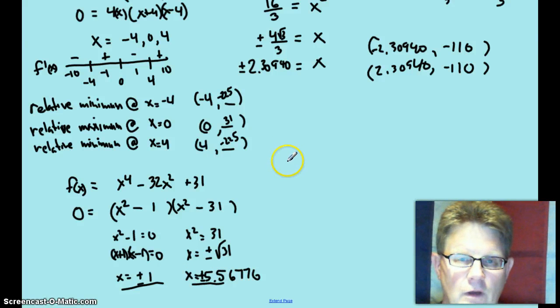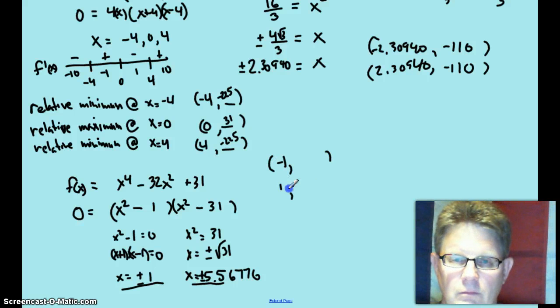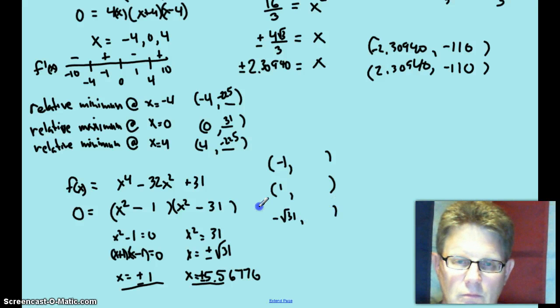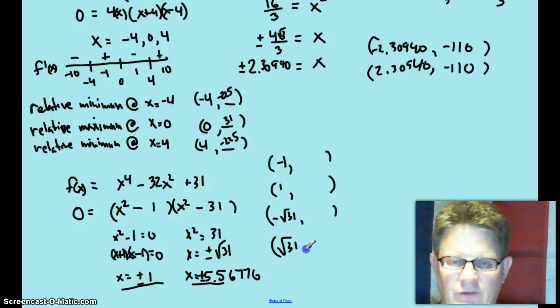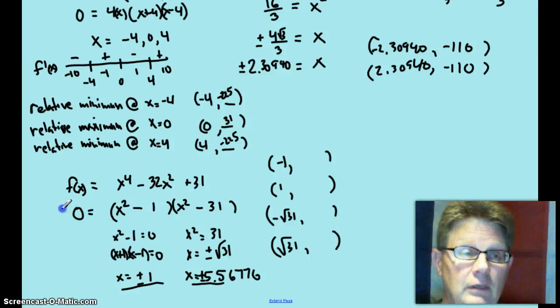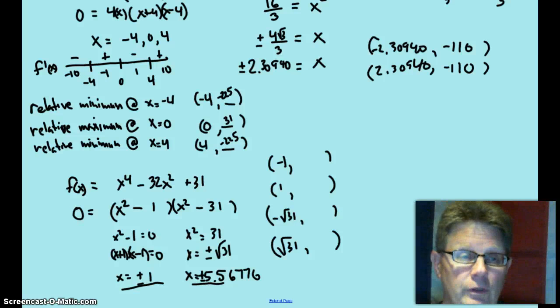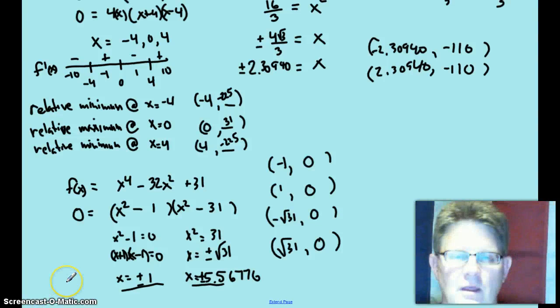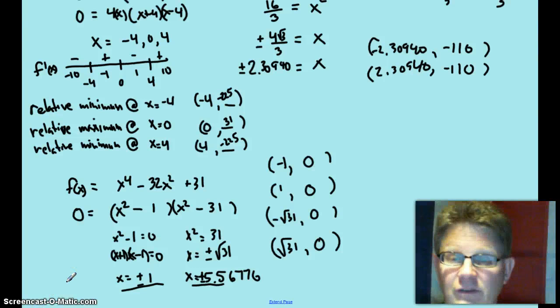So those points are negative 1 something, 1 something, negative root 31 something, and root 31, which is 5.5 or 5.6. All right, go ahead and find those values so we can actually graph these points. Pause. Of course, those are zeros because that's what we found.